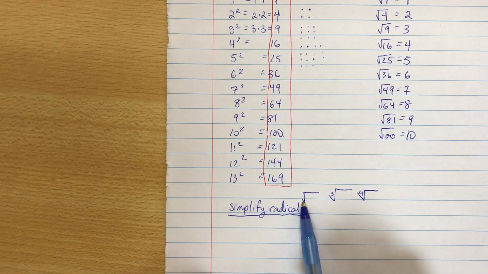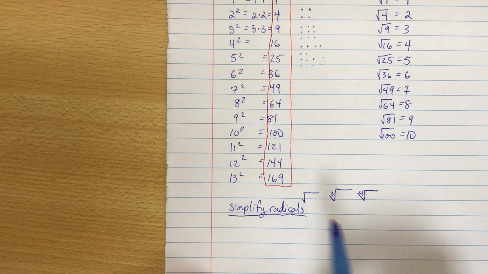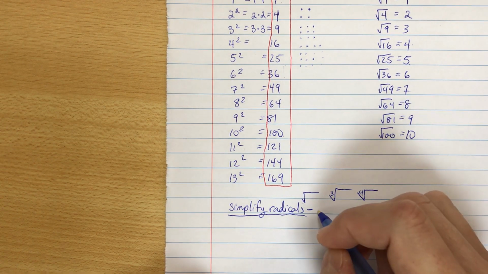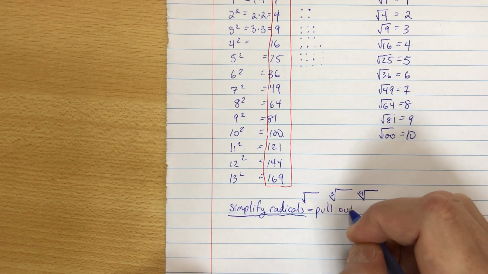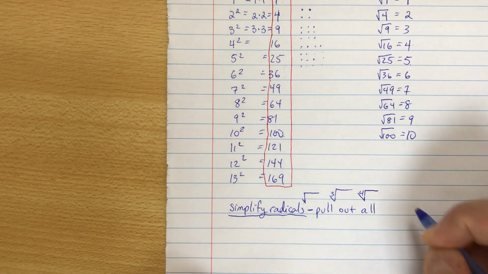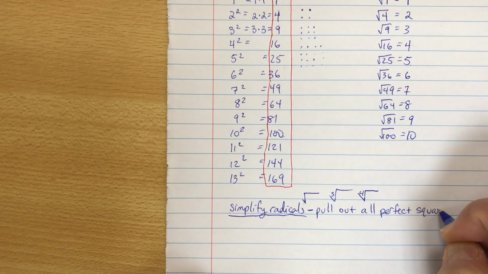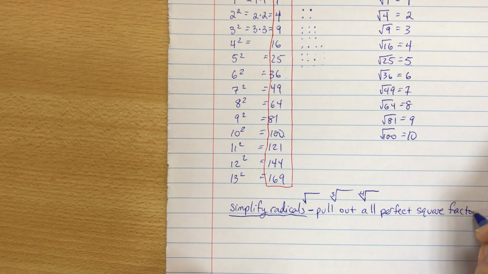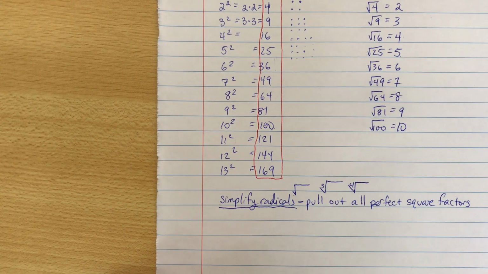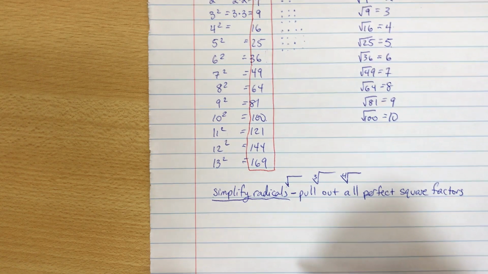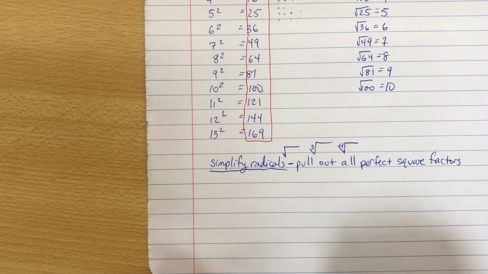For us, we're only going to be using square roots. To simplify a radical basically means to pull out all perfect square factors. Now I'm going to show you 2 ways to do this. One way is systematic, very step by step, and then one way is going to be faster.